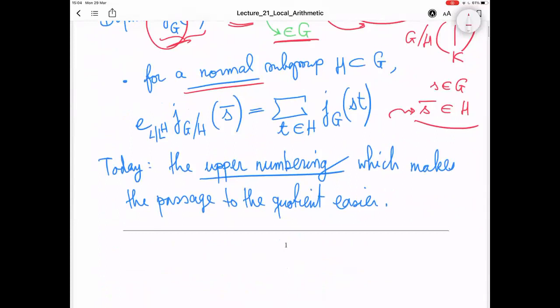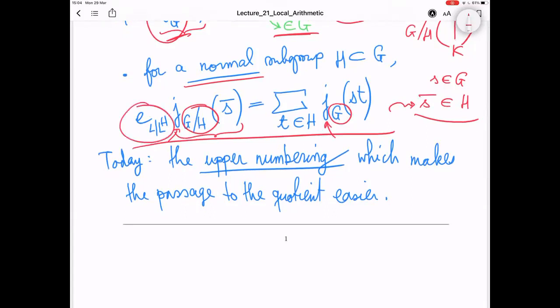So we would like to know what is the filtration on the quotient G modulo H. How is it determined from the filtration on the group G? Or equivalently, how the function i for G mod H is determined by the function i for G. And this is the relationship which we had proved last time.